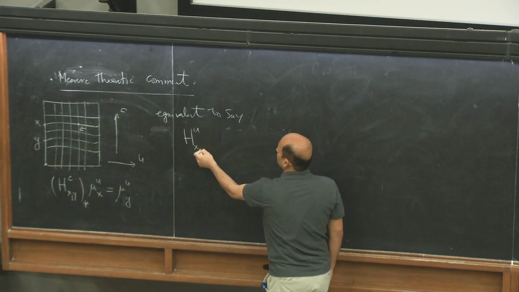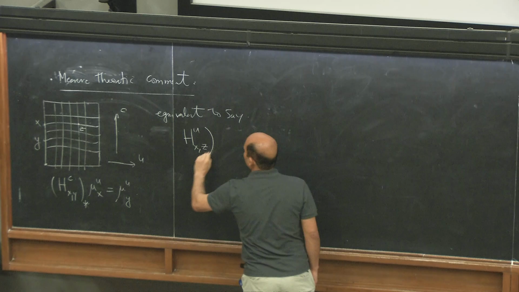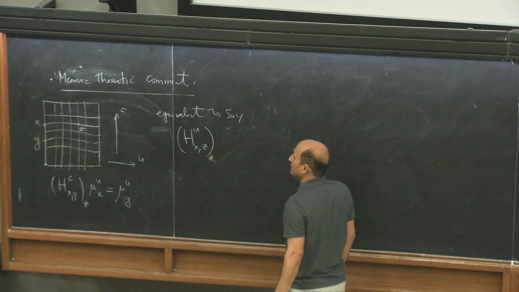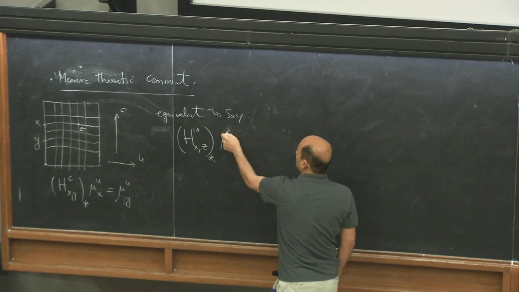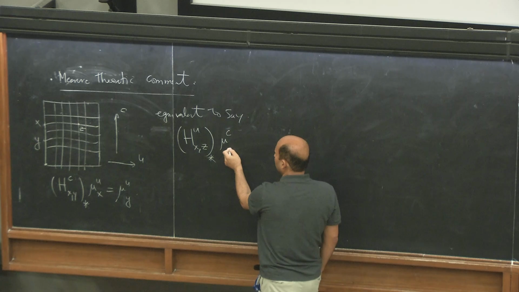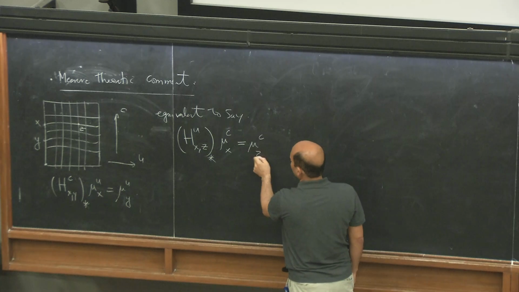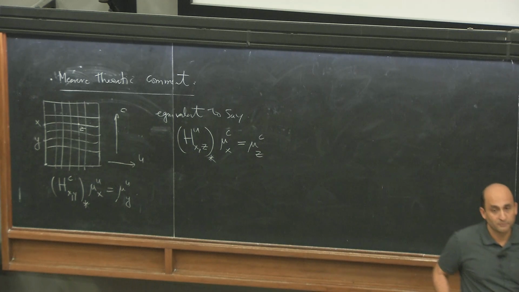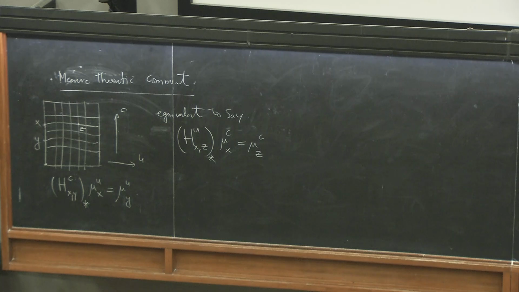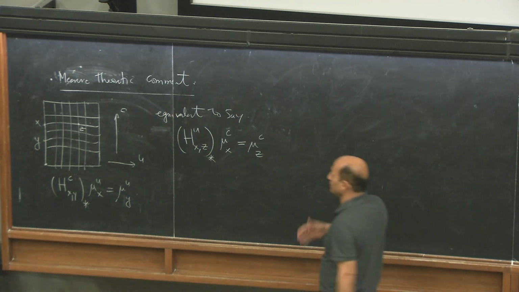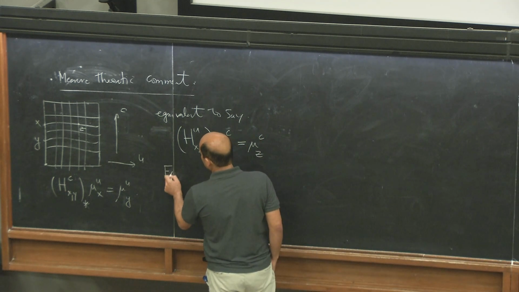If you push forward the measure on the center plaque of x, then you get the measure on the center plaque of z. This is essentially Fubini. This is an exercise.